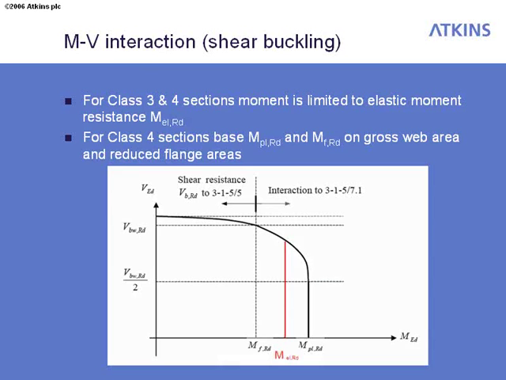The only difference for a class 4 section is that you base the moment resistance on MPL,RD and MF,RD, on the gross web area and the reduced flange area within the sections. And as I said previously, pretty much all these curves that you've seen on these couple of slides will give you a better interaction than the ones that you would have seen in BS5400.